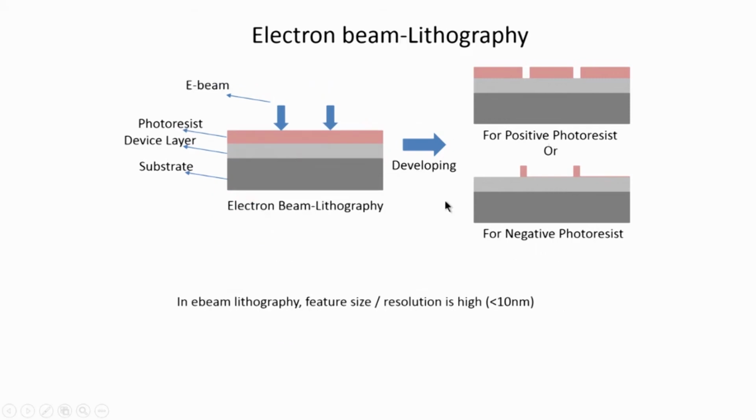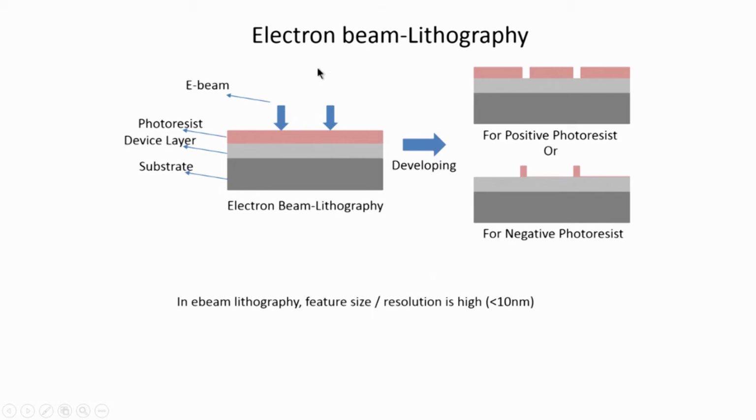Now, in electron beam lithography, we need not have a separate mask, but you have a photoresist which is sensitive to these electron beam energies. So, you have the substrate, then the device layer and quite a uniform layer of photoresist, typically by spin coating for example, and then expose.